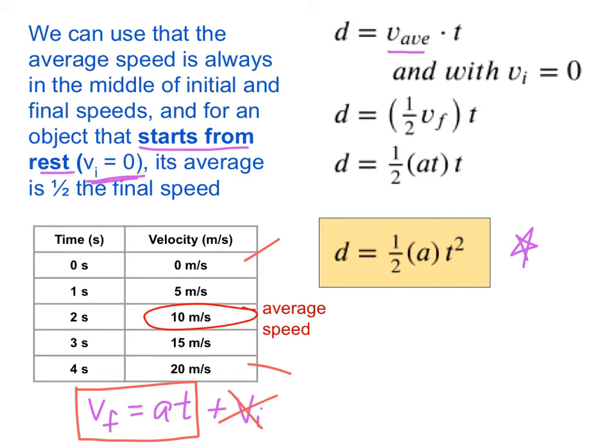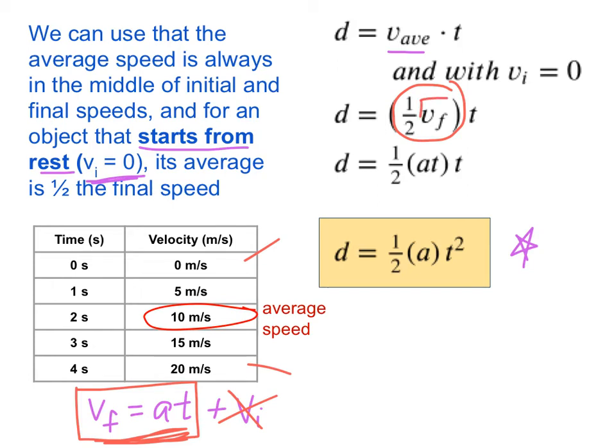And so we can rewrite this equation for the distance by putting in this fact that the average speed is 1/2 of the final speed. But then we can remember that for this particular situation, our final speed is actually calculated using acceleration times time.